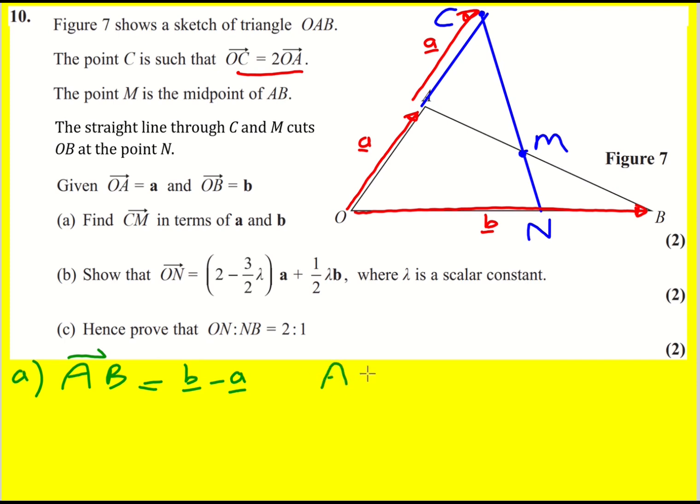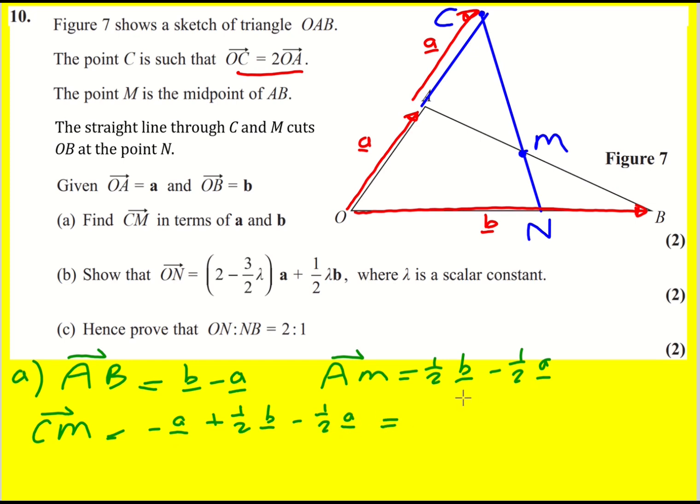And that means that AM is going to be half of that because M is the midpoint. So then CM is going to be minus A plus that, which will give me, I'll write it as a half B minus 3 over 2A.